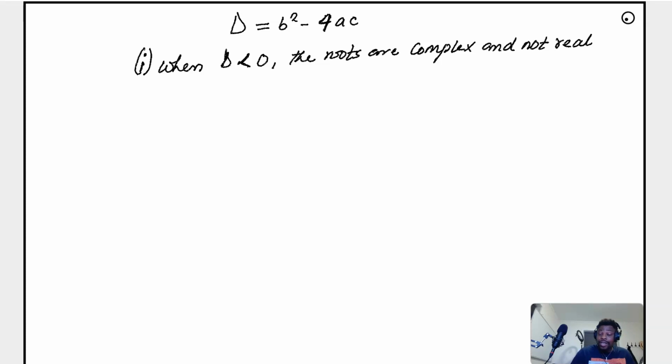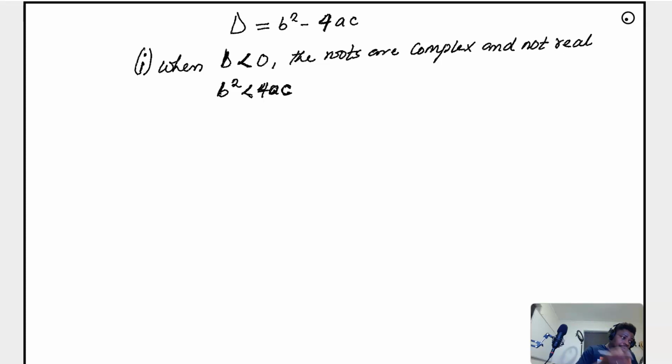I'm going to show you this when we get to the graphical method of solving quadratic equations. So when d is less than 0, what does that mean? It means that b squared is less than 4ac.